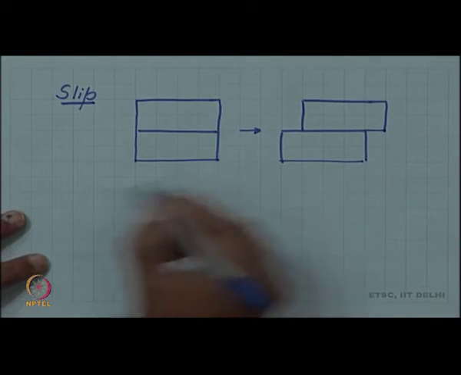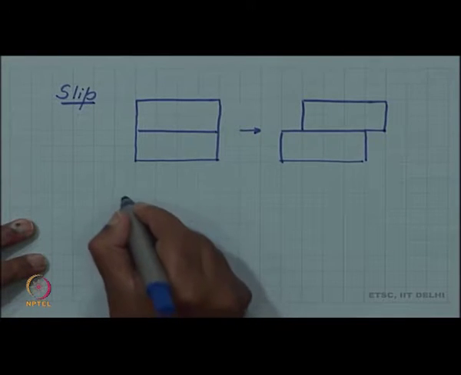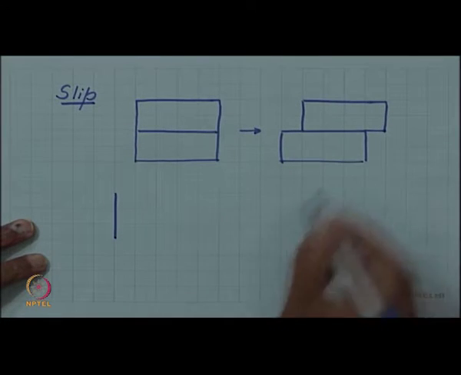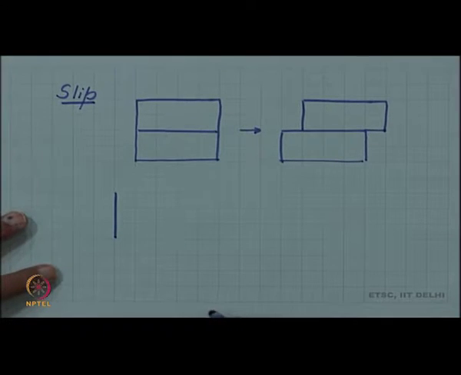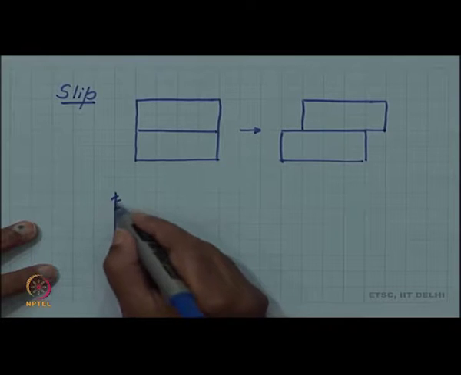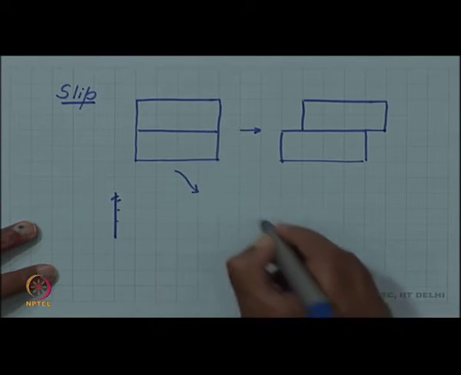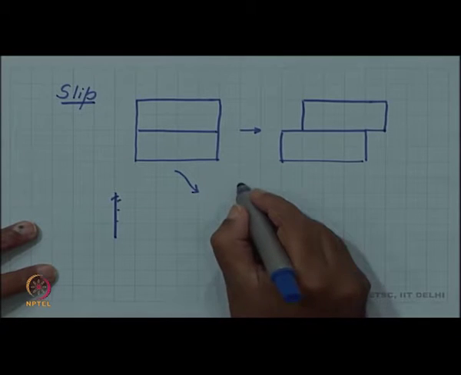However, what they realized, the new proposal was that this sliding need not happen in one go. It may happen that one side of the crystal has slid, whereas the other side has not slid. So, maybe in the intermediate stage the deformation is something like this.